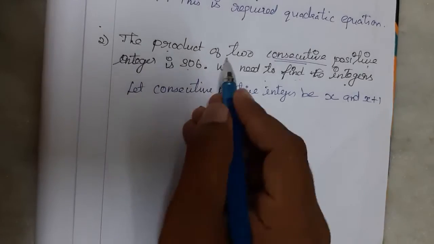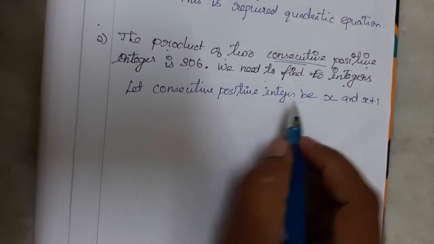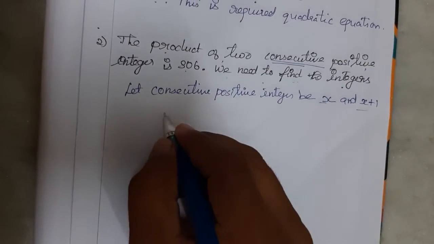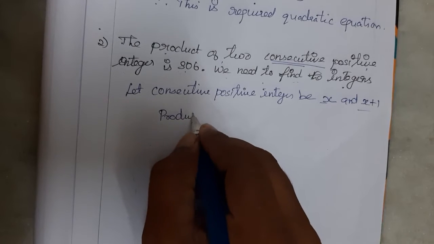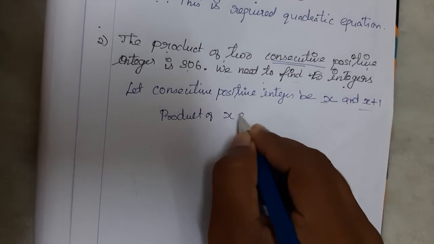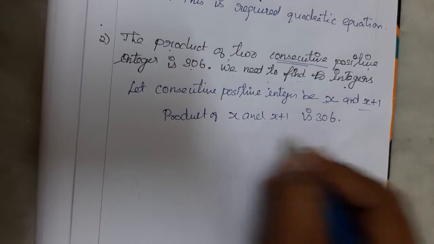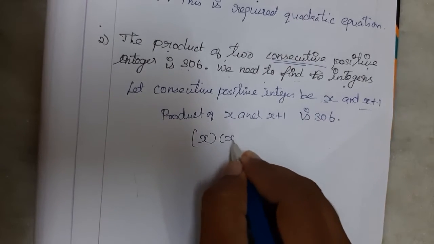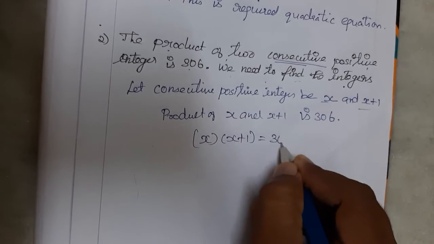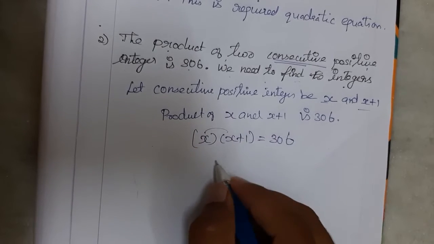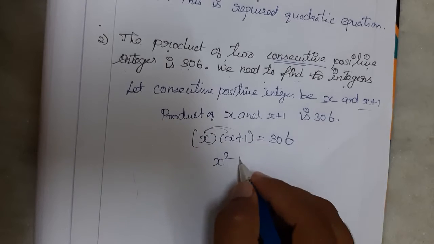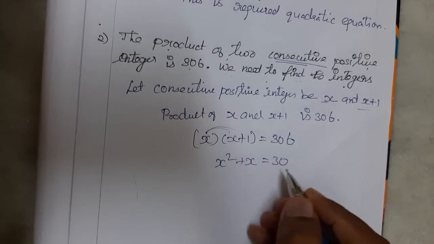The question says the product of the consecutive integers is 306. Product means you have to multiply. So the product of x and x plus 1 is 306. That means x into x plus 1 is equal to 306. So x into x is x square, plus x is equal to 306.